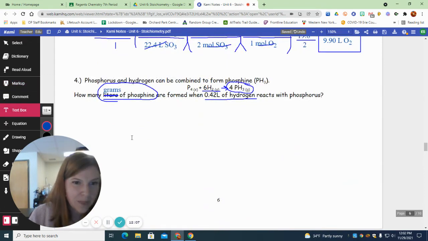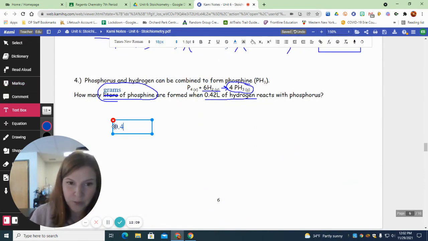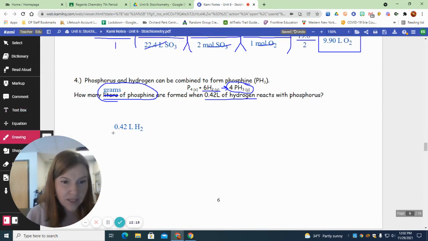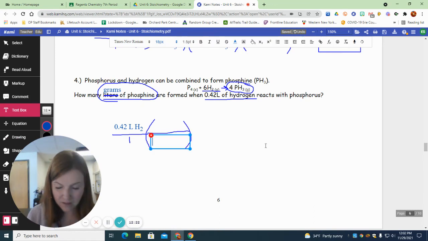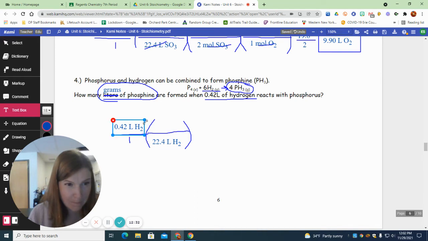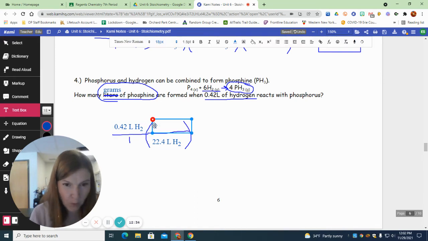So I start with 0.42 liters of H2, my hydrogen. I like to put that over 1 to act as a visual reminder. It's in the numerator. My next step then is to multiply by the fact that there are 22.4 liters of H2 for every 1 mole of H2.